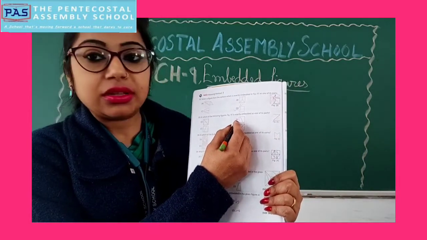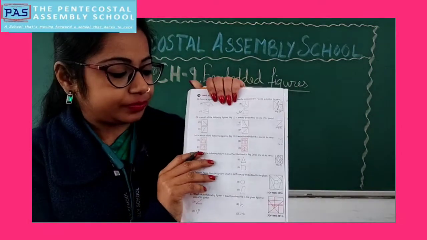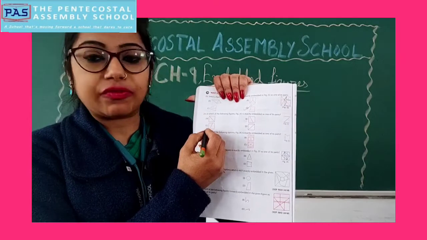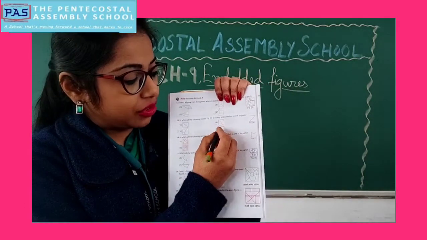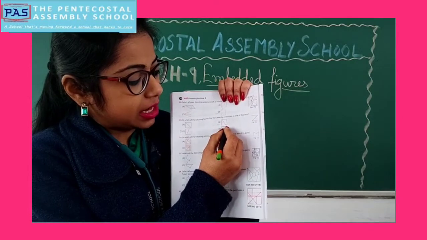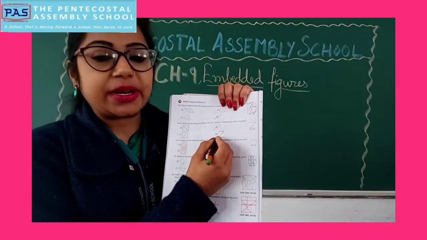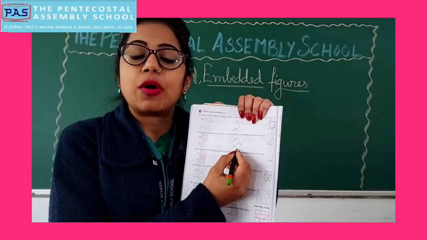In B, no Z is formed. This is also not your answer. Let us check option C. No, Z is not formed. So this is also not your answer. Here you can see this one. Figure X is embedded in figure D. So your answer is option D.